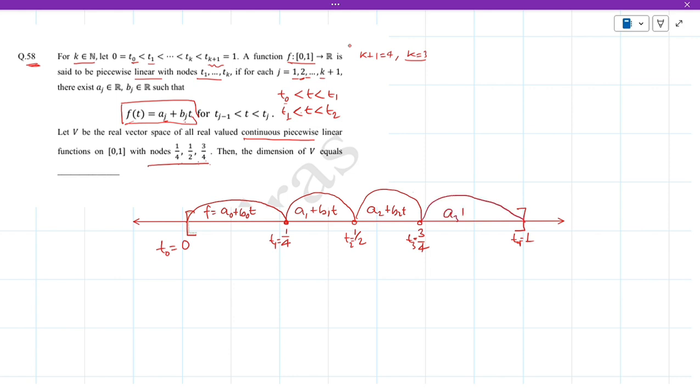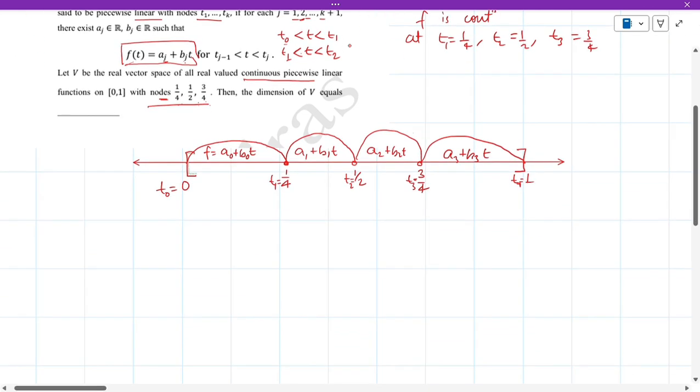Since it is a continuous piecewise linear function with nodes, the function f is continuous at what points? At t1 equal to 1 by 4, it is continuous. T2 equal to 1 by 2, it is continuous. T3 equal to 3 by 4, it is continuous. For continuity, we know at 1 by 4, LHL and RHL should be the same, right?